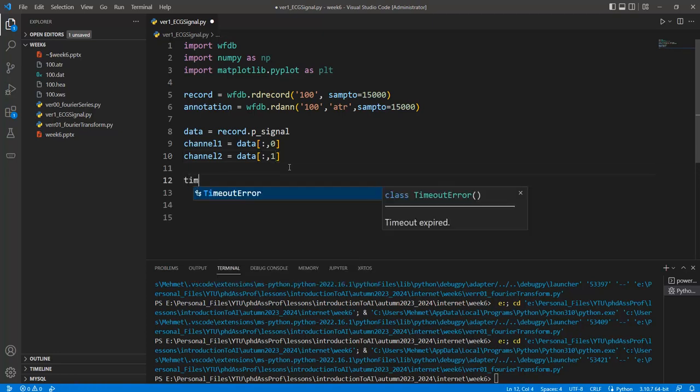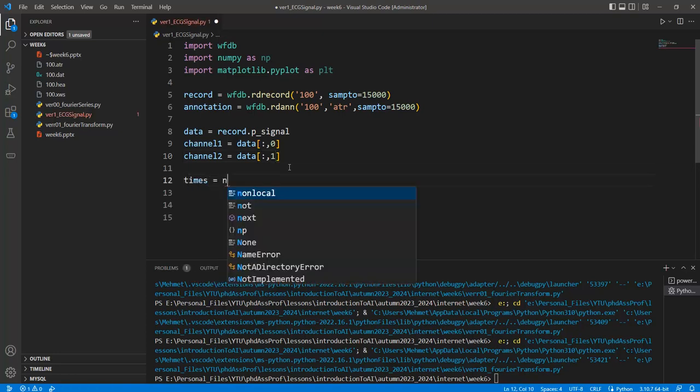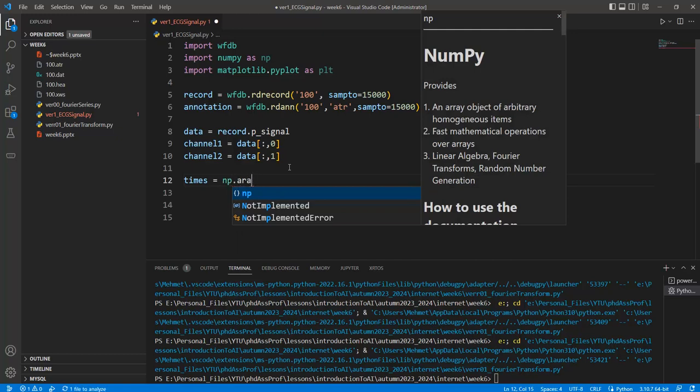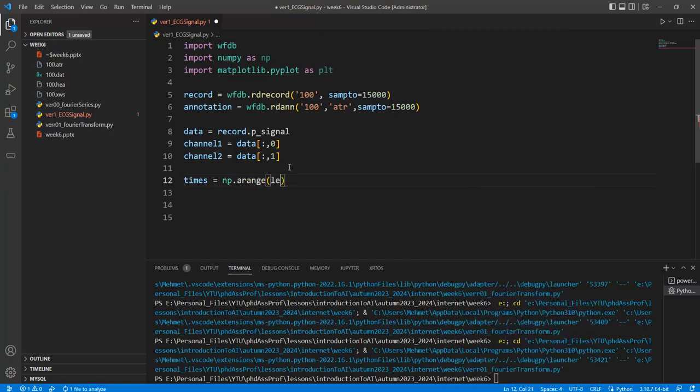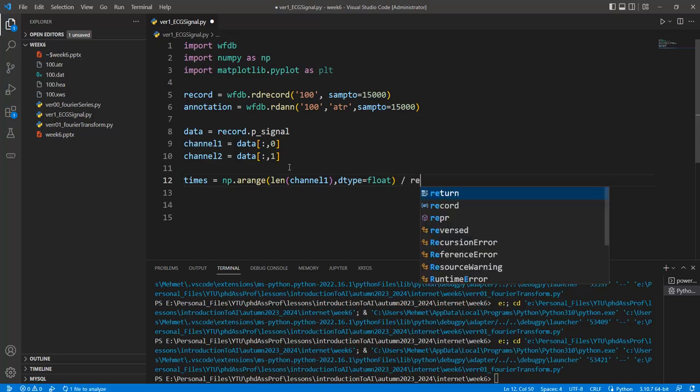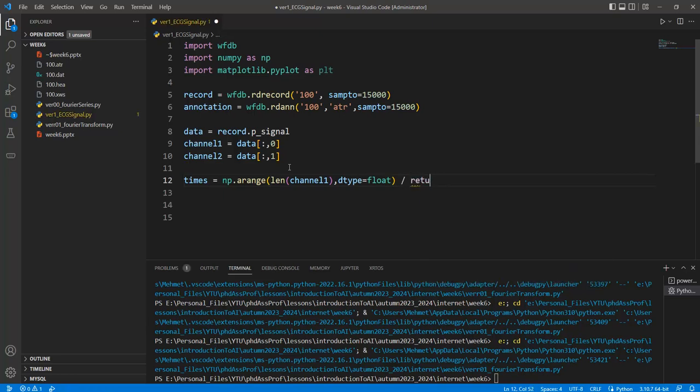So, we can create the time values in here like this one, np.arange function with the length of channel 1, okay? And the type float should be given in here, and also record.fs must be given in here because we have the specific sampling rate.